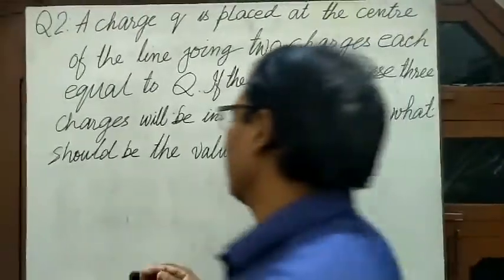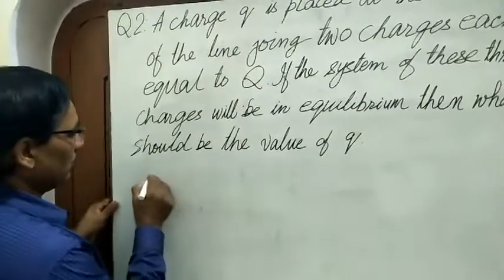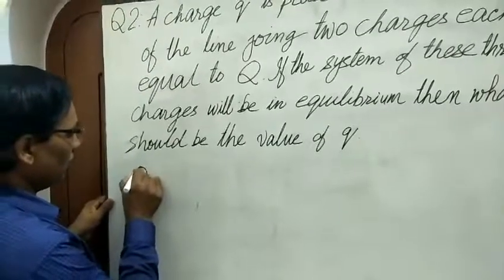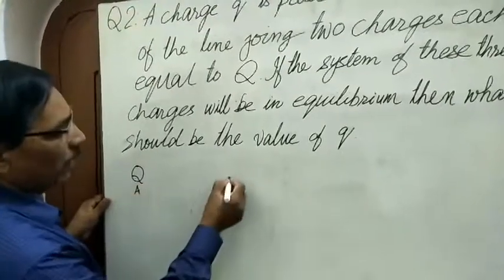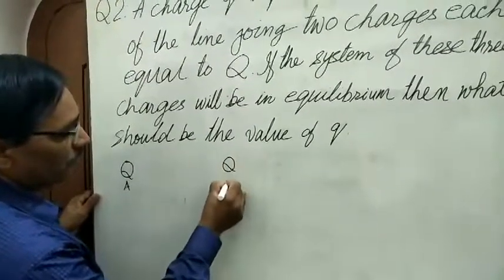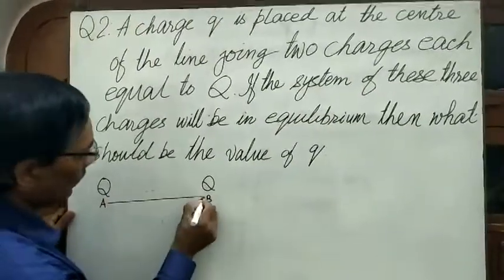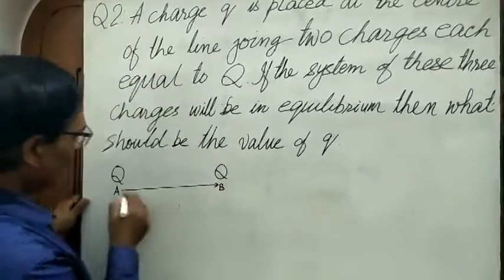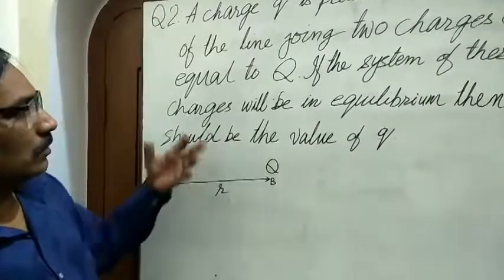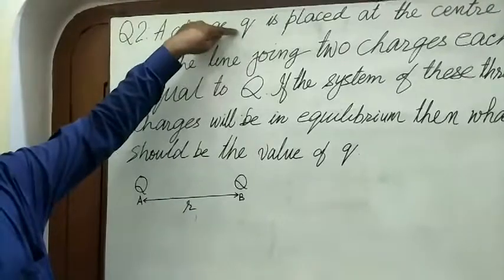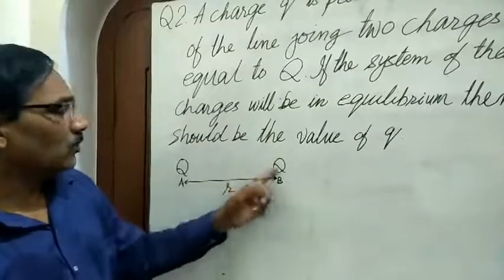Here we have two charges, equal to capital Q. Suppose capital Q charge is placed at point A and the other capital Q charge is placed at point B. The distance between these two charges, suppose this distance is R. Clear? Now the third charge, small q, is placed at the midpoint between the two charges.